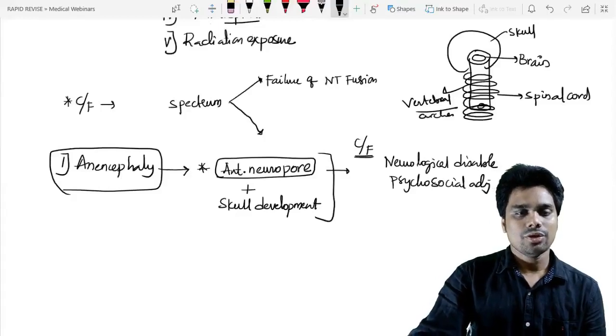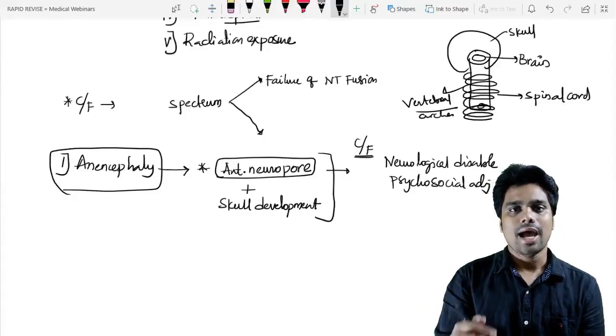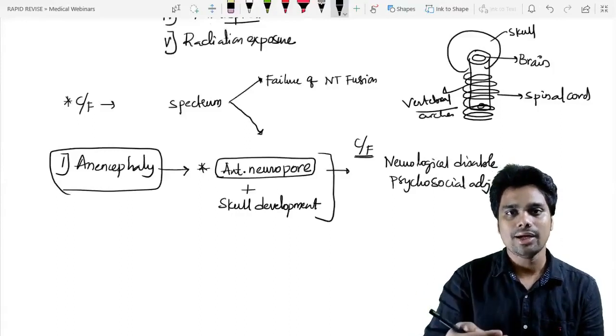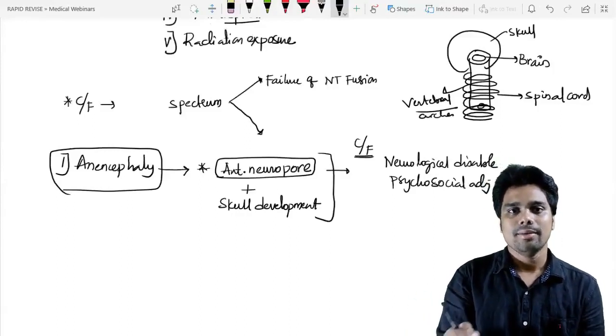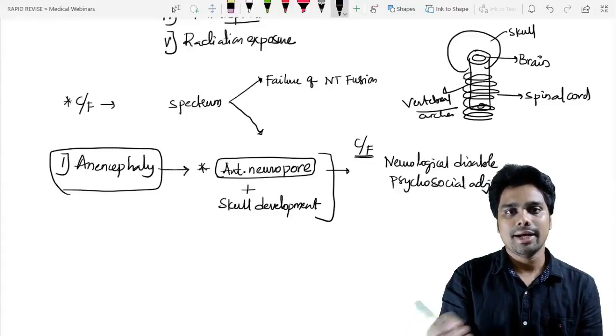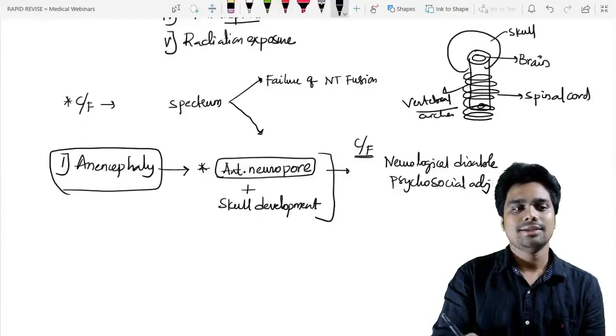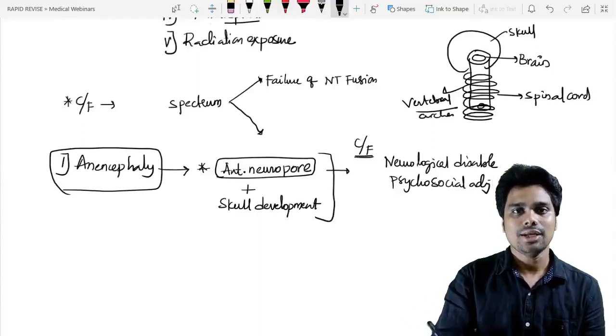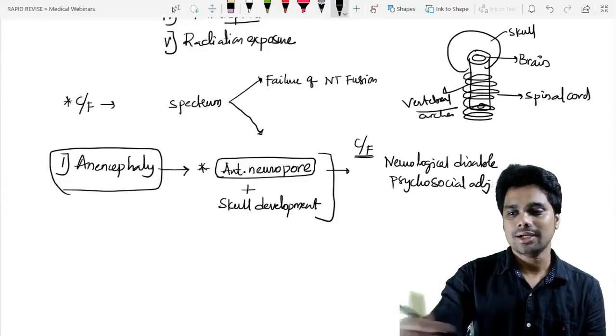So what is the outcome? Most of the times, anencephaly is a life-threatening condition leading to either intrauterine death or stillbirth. But in milder cases, even though there is live birth, the child may have neurological disabilities and psychosocial impairments or psychosocial maladjustments.